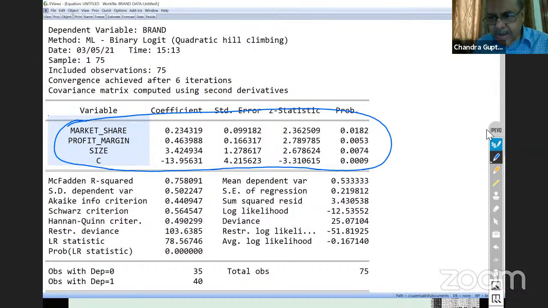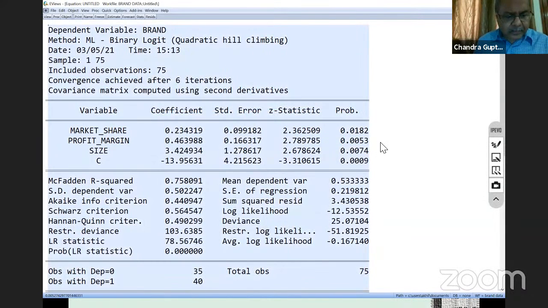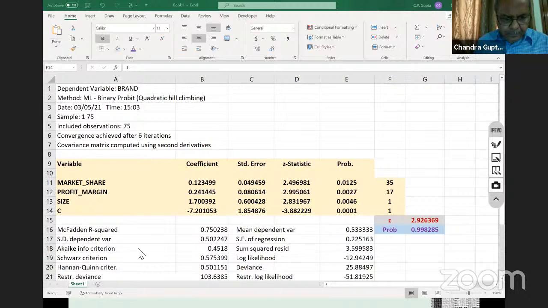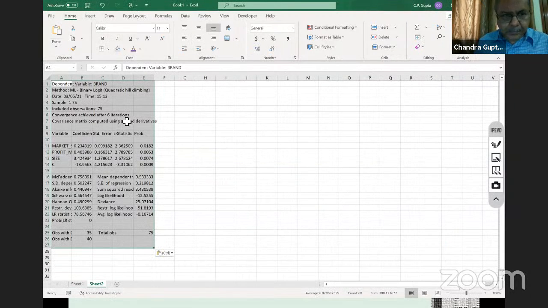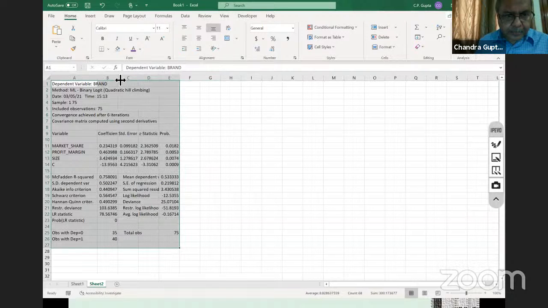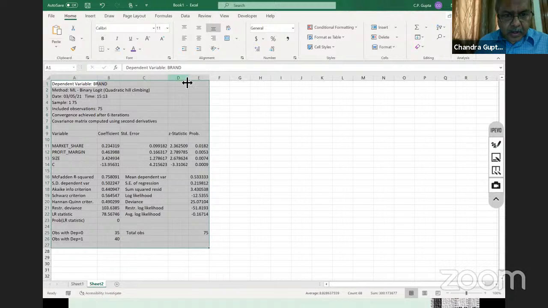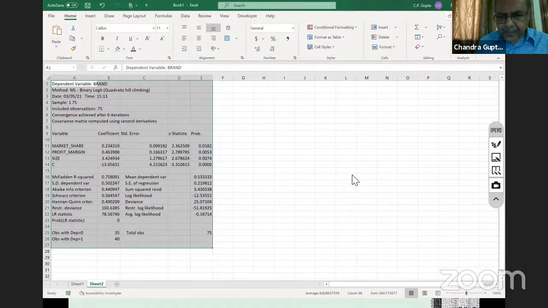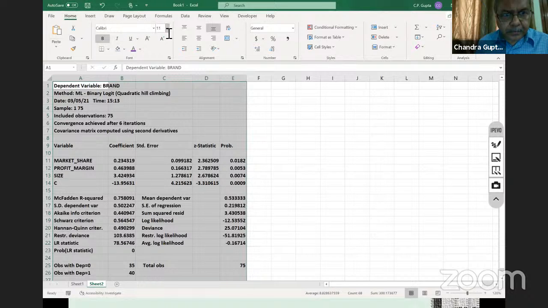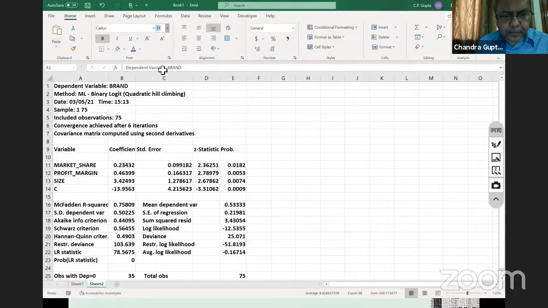If I copy this result and paste in Excel, these are the results which we have here. Okay, I hope you are able to see it.